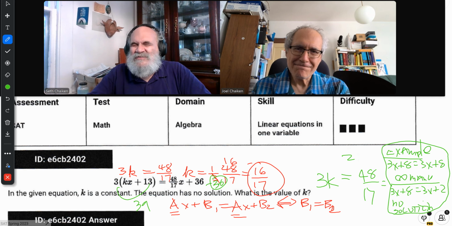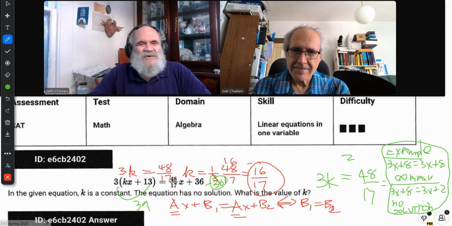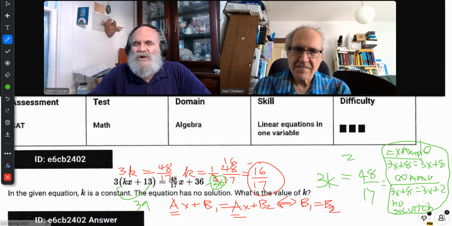They could have involved an unknown within one of the constants, and then you could ask what the two different constants are for it to have no solution.